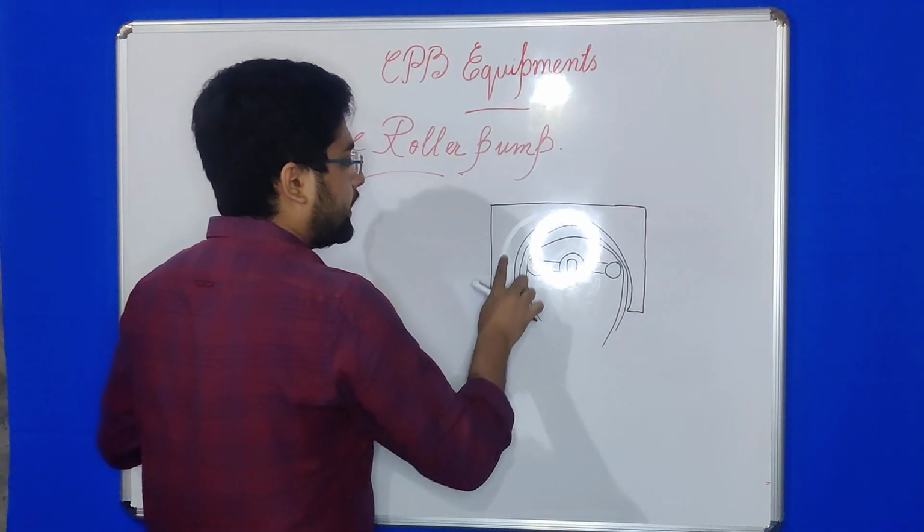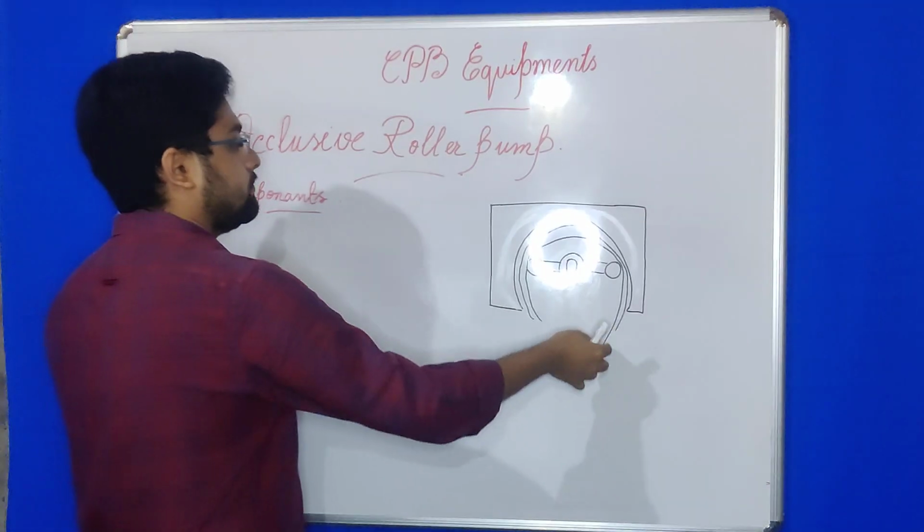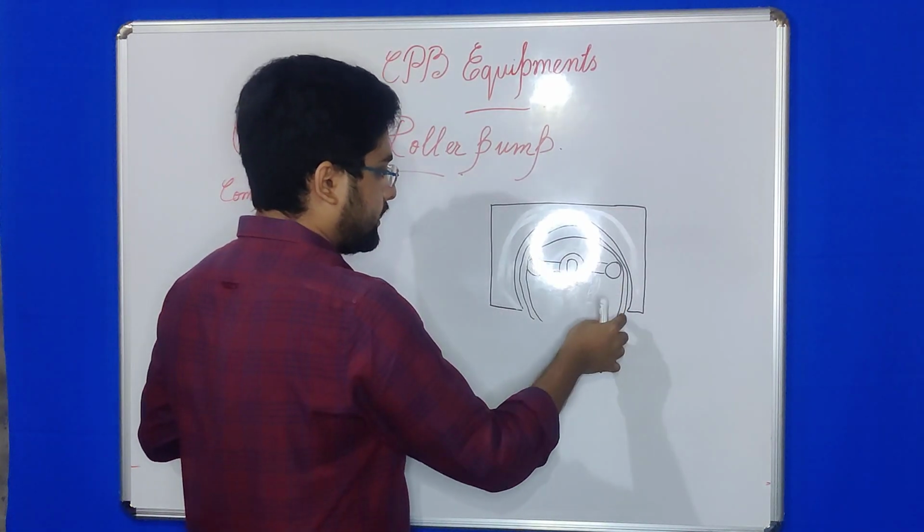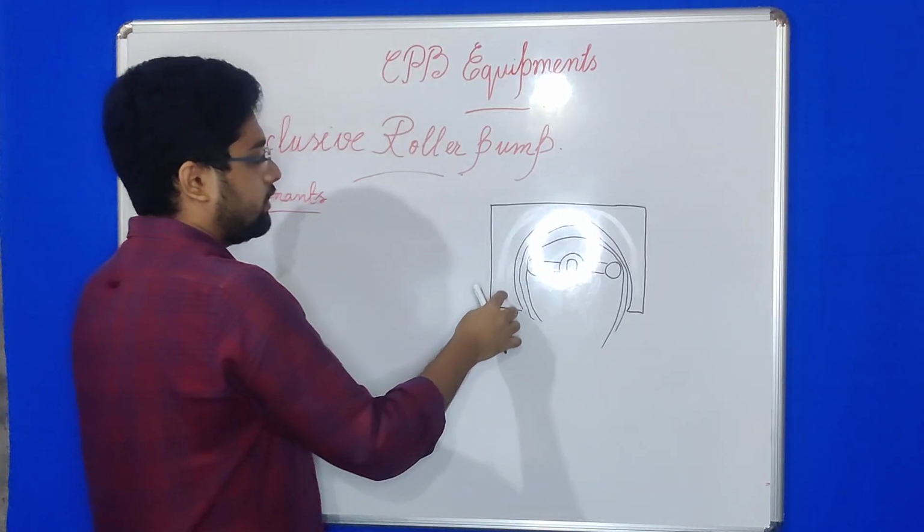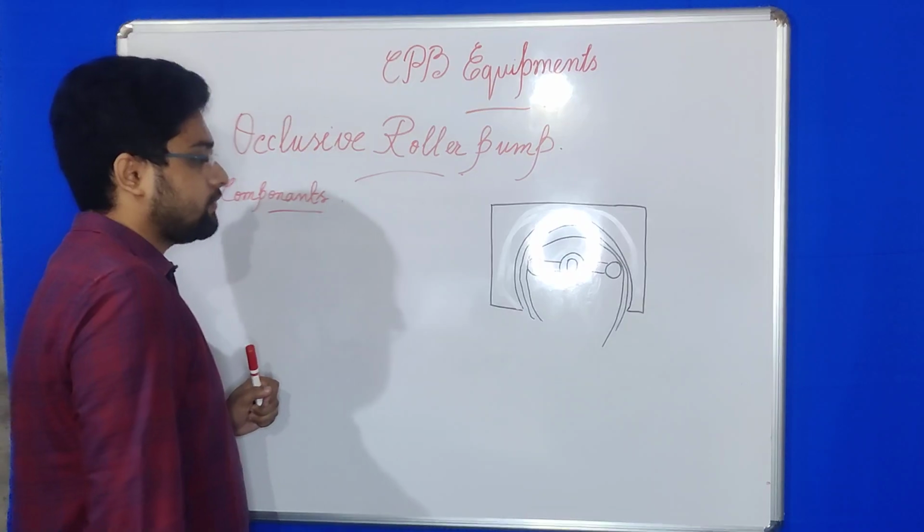The plate which is behind the tubings passage is called the back plate.